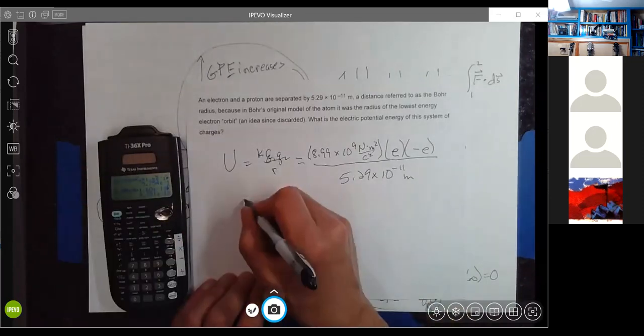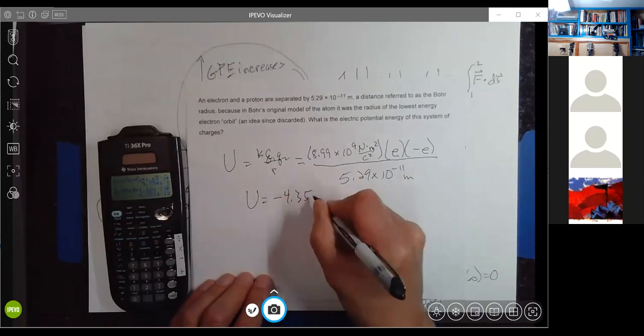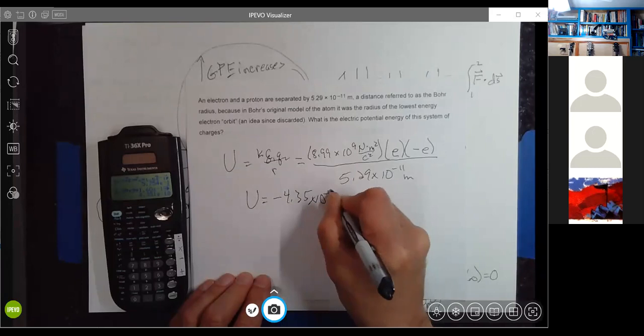And I get a value of minus 4.35 times 10 to the minus 18th.